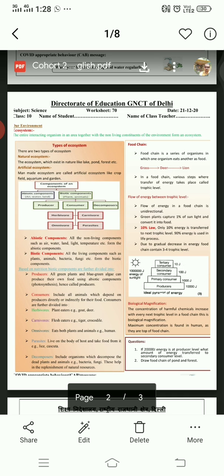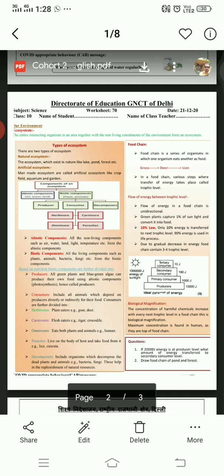So when plants are absorbing sunlight energy and fixing 10,000 joules, up to the third or fourth trophic level, only 10 joules is reaching. So 90% energy at every trophic level is residual, it is waste and does not transfer to the next trophic level.